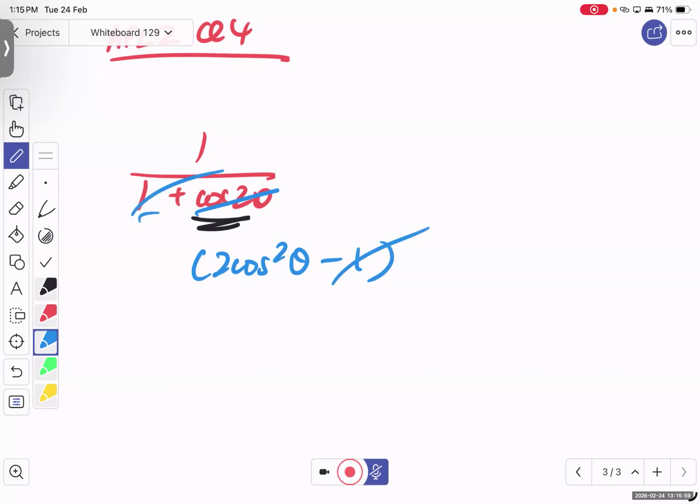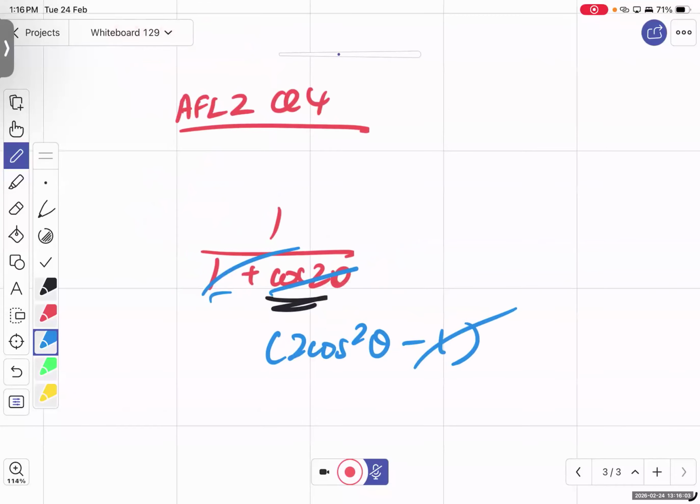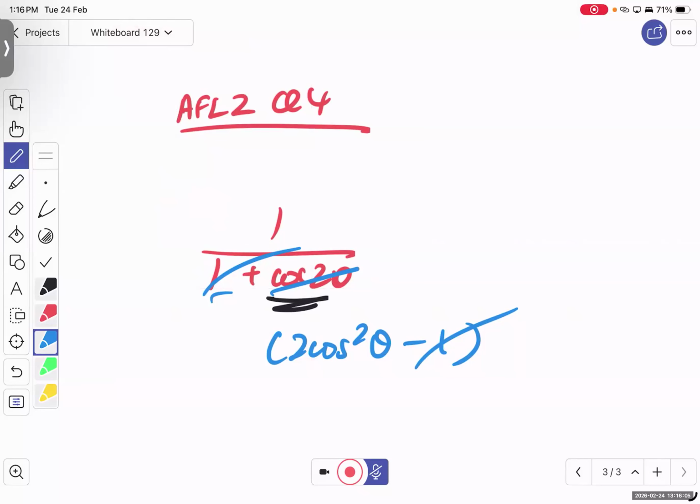Cos 2 theta has so many versions. It's like you've got 3 dresses and you don't know which one to wear today. But the one you choose is the one that cancels the 1. Then I'll simplify the function. I hope that helps you with question 4.